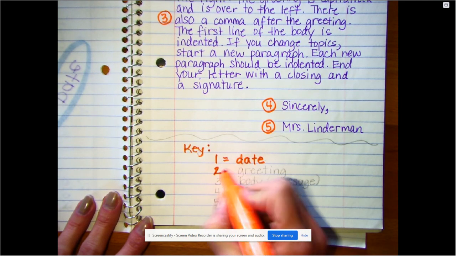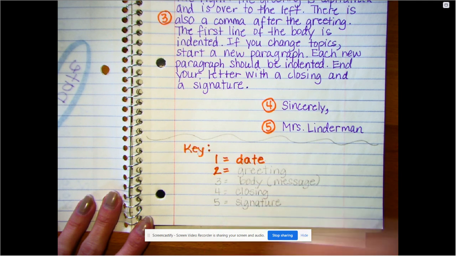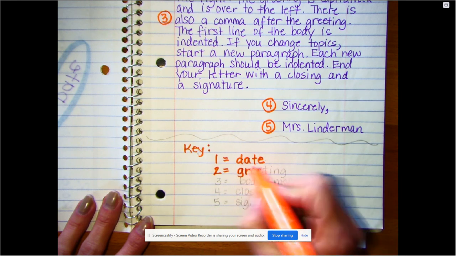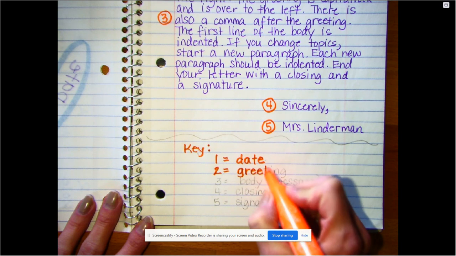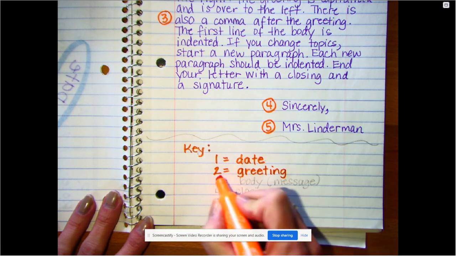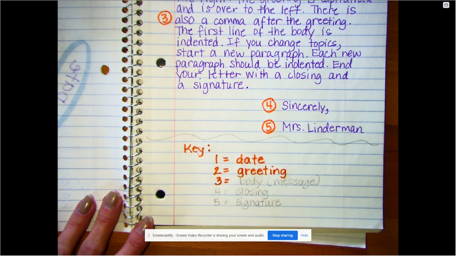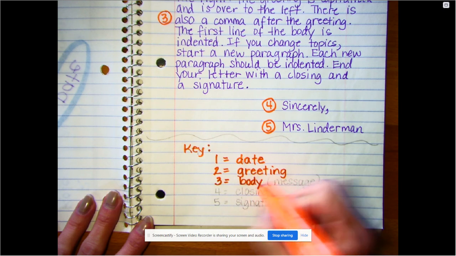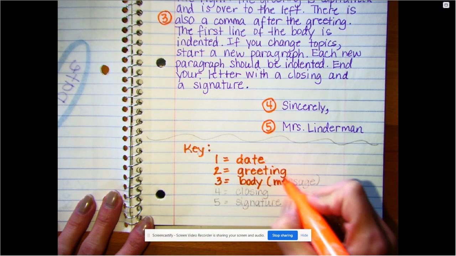That's where you usually start with dear mom or dear grandma. I wrote dear students. So number 2 is the greeting. It's like saying hello. Number 3 is the body of your letter, the message. What is it that you want to say to whoever is reading it?